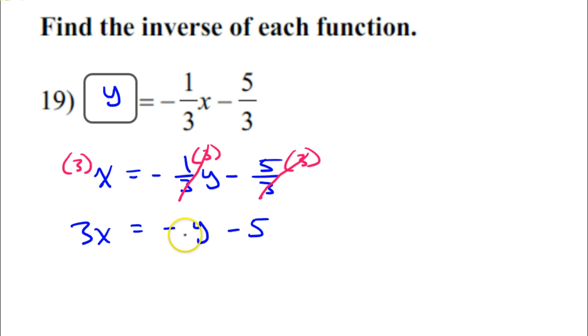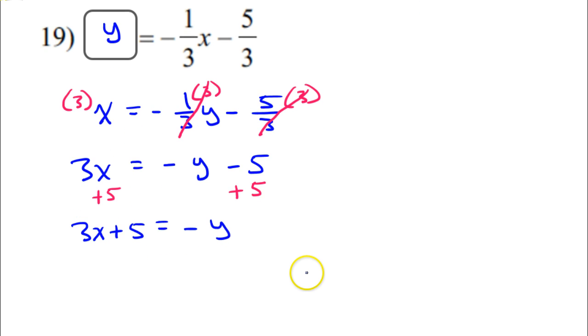I'm trying to get y by itself. Remember my two steps are switch x and y and then solve for y. So that's what I'm doing, solving for y. I need to get rid of this negative 5 by adding 5 to both sides. So that'll give me 3x plus 5 is equal to negative y.